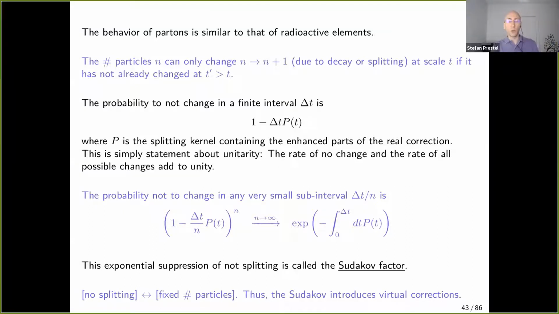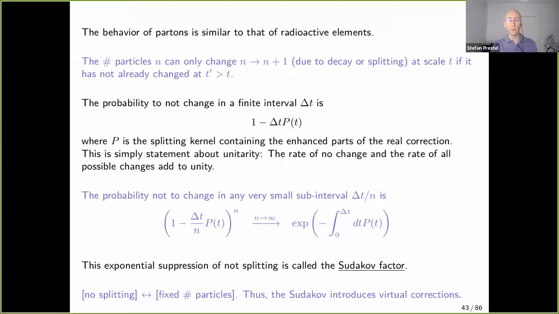Now, since no splitting means that the number of particles stays fixed, these Sudakov form factors actually introduce a way of introducing virtual corrections. Imagine you expand those out. It's 1 minus this integral plus a half this integral squared, and so on. The first term of that would be an approximation of a one-loop virtual correction. The second, the integral squared, would be an approximation of the two-loop correction, and so on.